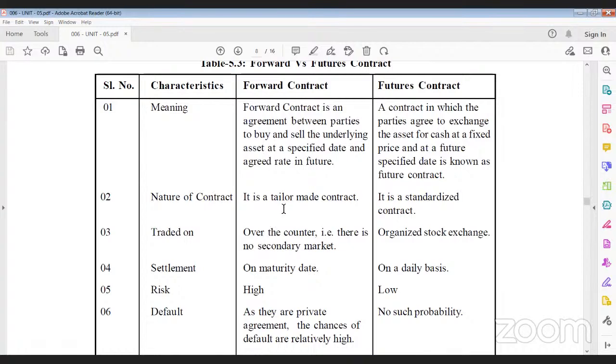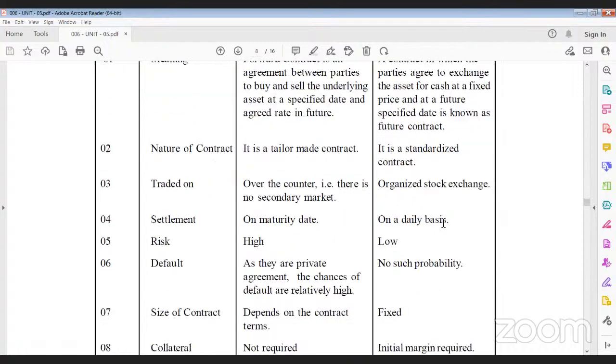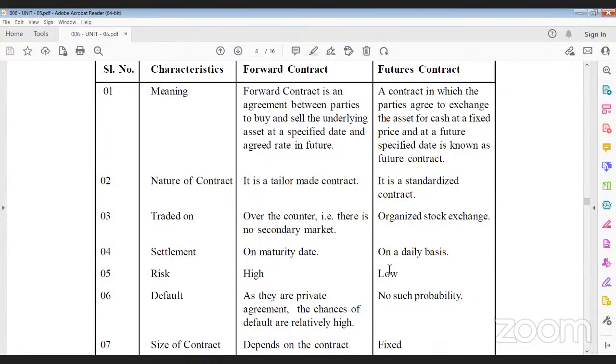Now, if you look at the nature, forward is customized, whereas future is standard. Trading can happen on OTC, that's over the counter, but for future contracts, it only happens on the NSE and BSE.